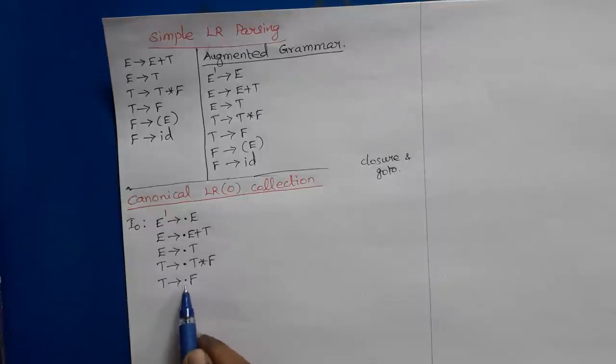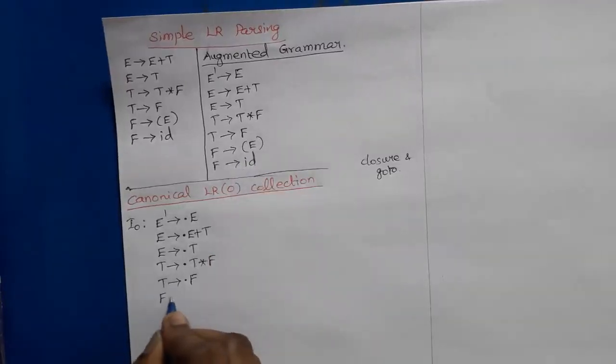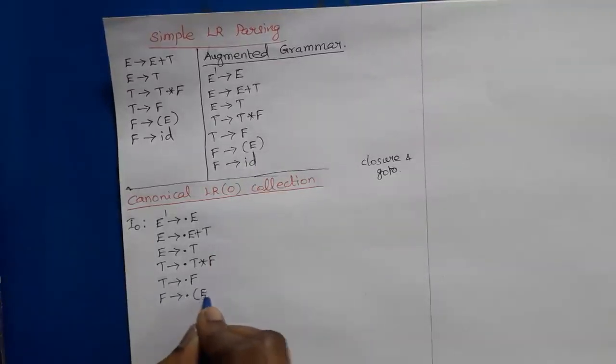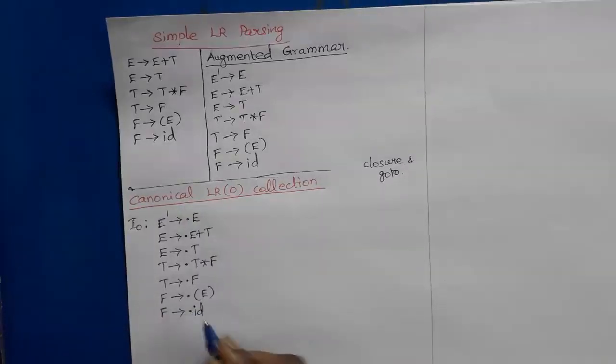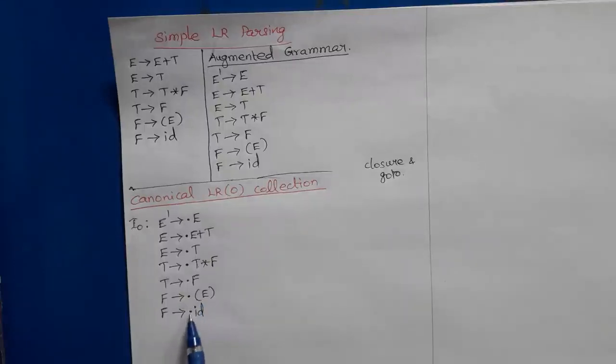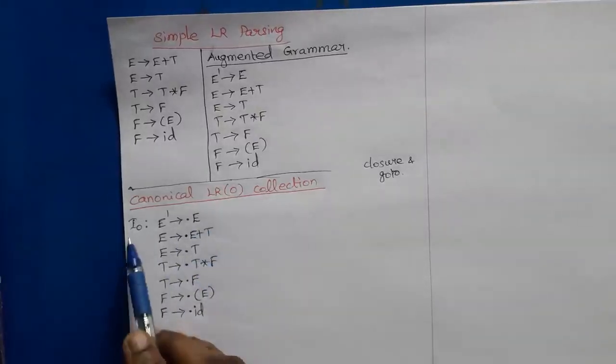Then in this production the dot is followed by F, so we write both the F productions from the augmented grammar. Now the dot is followed by a terminal symbol, open parenthesis, and here also the dot is followed by ID. So no need to do anything. These are all the productions for item I0.